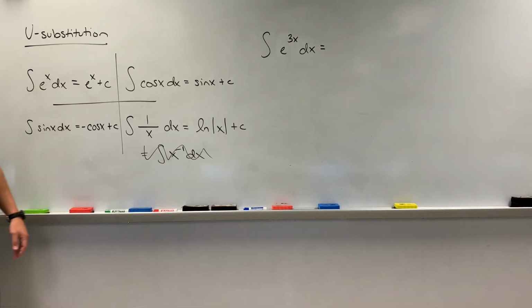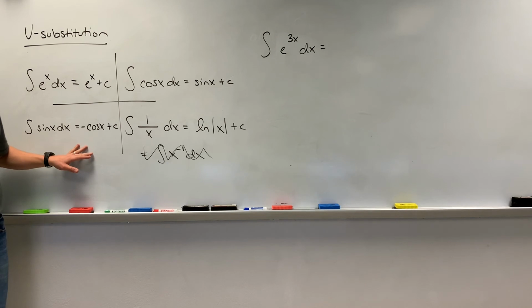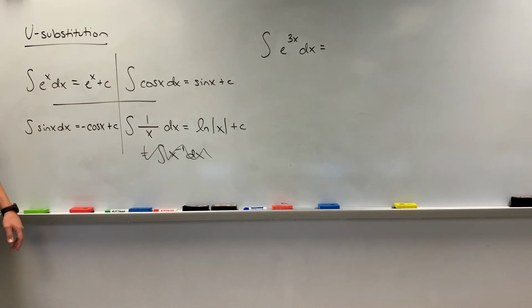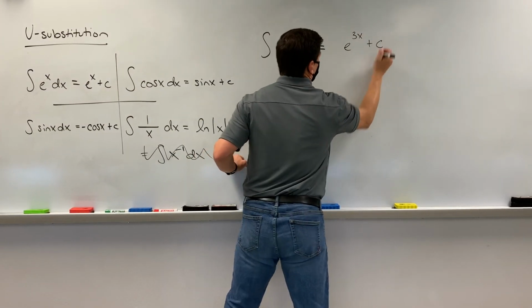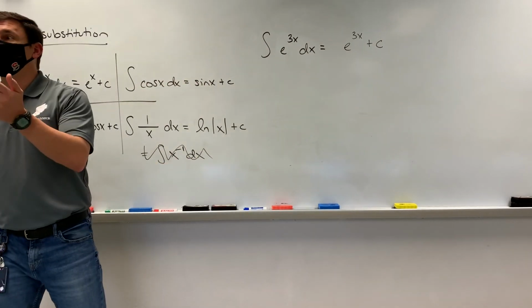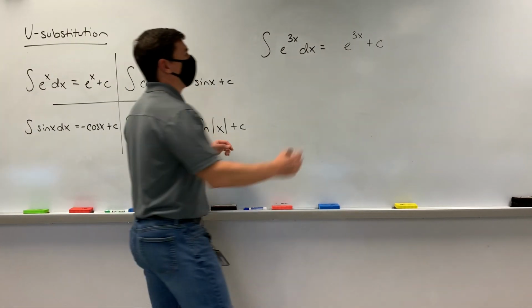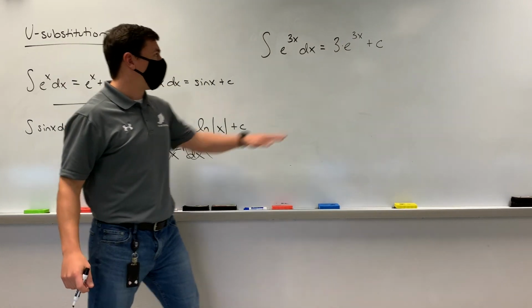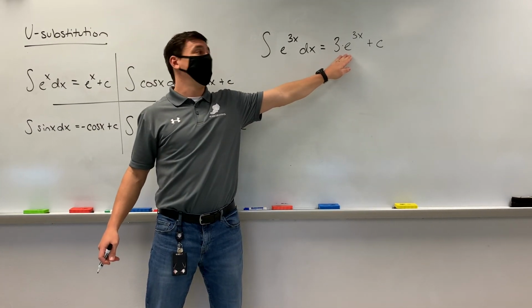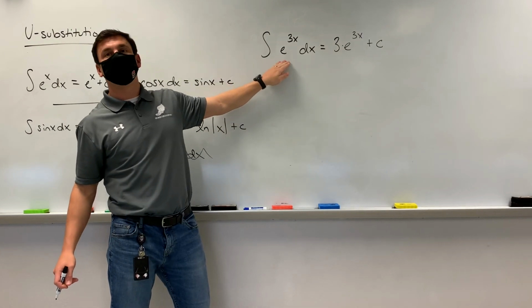So, what's the antiderivative then? If we know this, what's the antiderivative of e to the 3x? Okay. E to the 3x plus c times what? 3. Are you sure? Times 3. Check it. What would the derivative of this be?